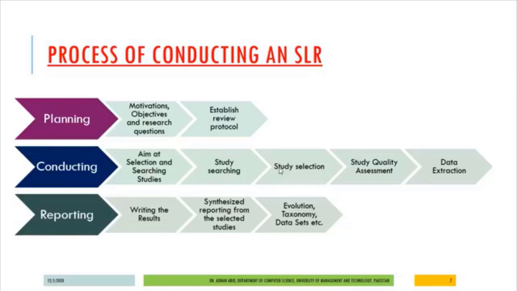So the process of conducting an SLR comprises three main steps: planning, conducting, and reporting. In planning, we have to have a good motivation and objectives to conduct an SLR. For instance, it's very important to find whether we already have an SLR in the area that we are going to cover.